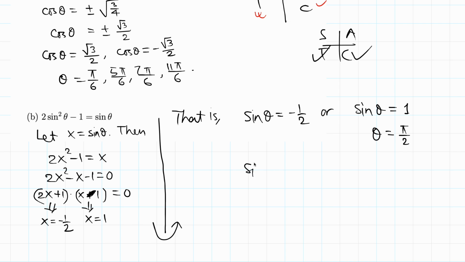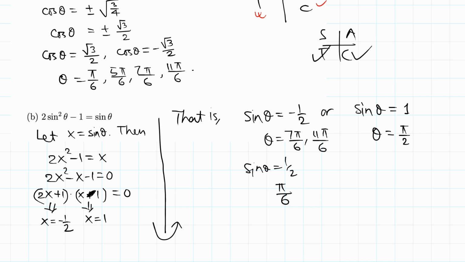Without the negative, sine theta equals 1/2 is 30 degrees, pi over 6. So the reference angle will be pi over 6. Here is 7 pi over 6, and here, that's 11 pi over 6.